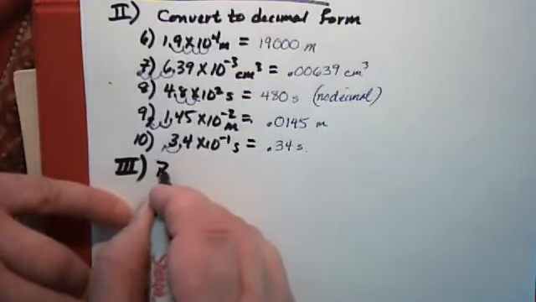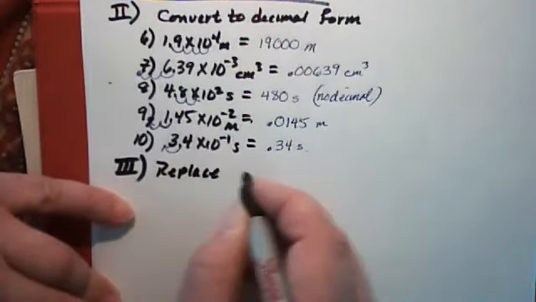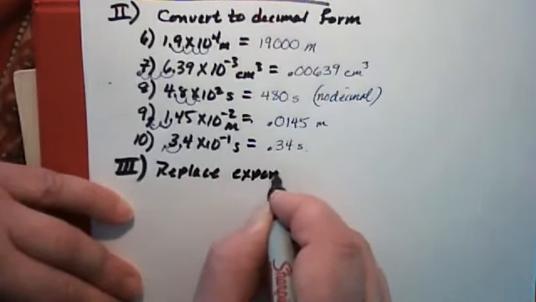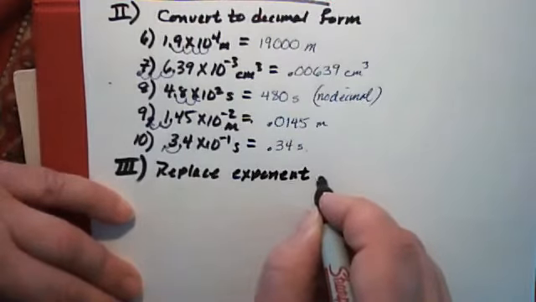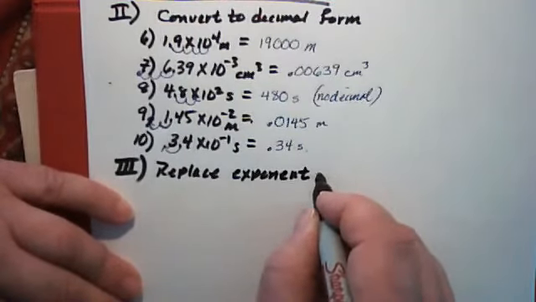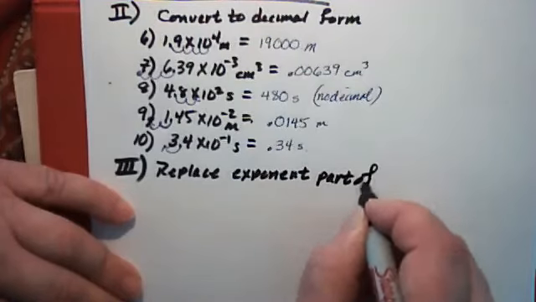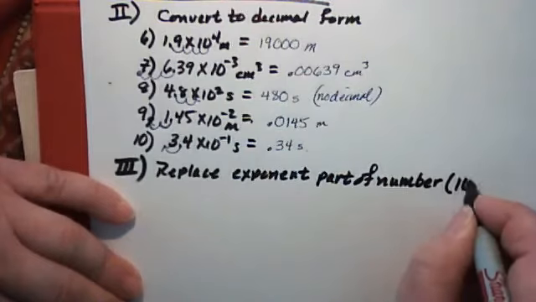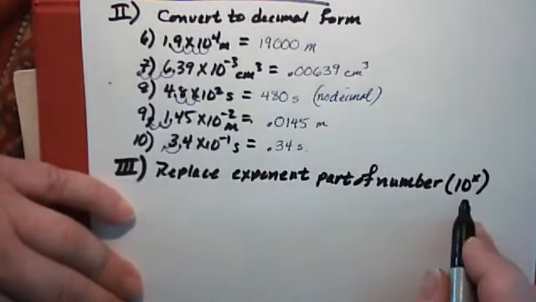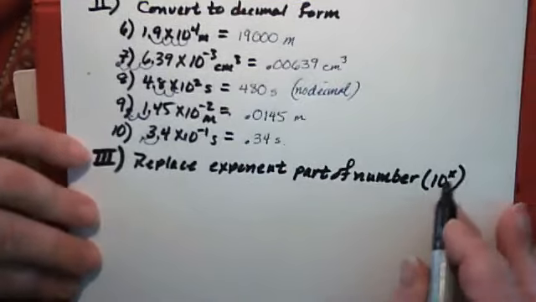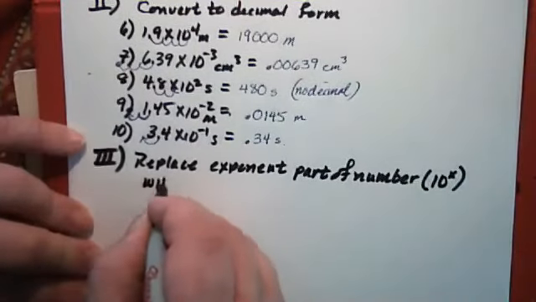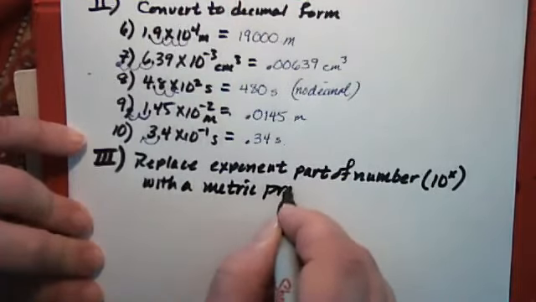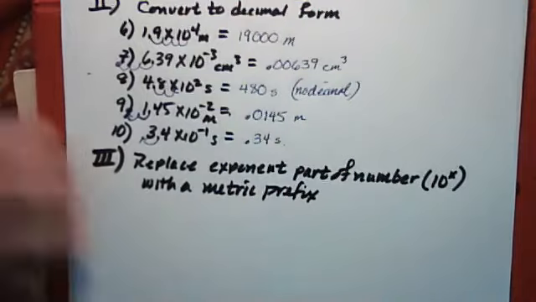So what we're doing here is replacing the exponential part of the number, remember, is just the part where you take 10 and raise it to a power, with a metric prefix instead.